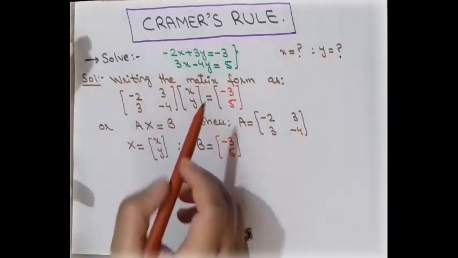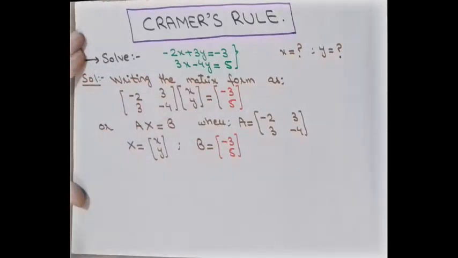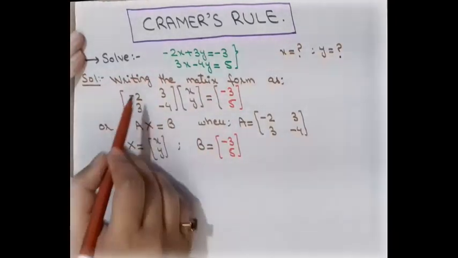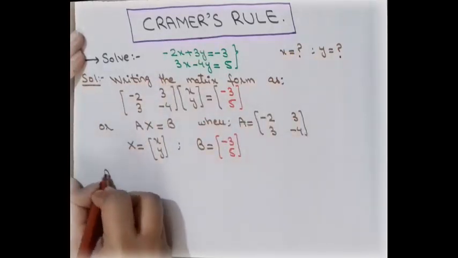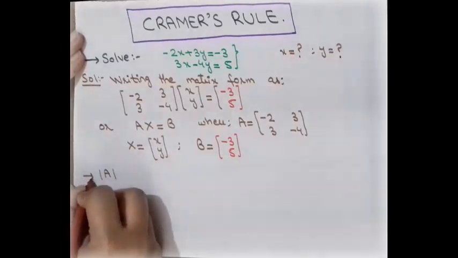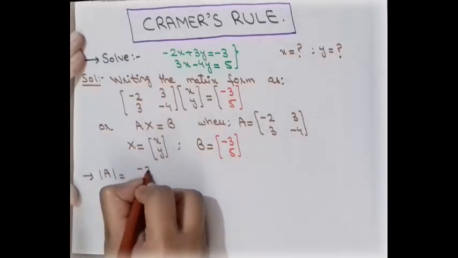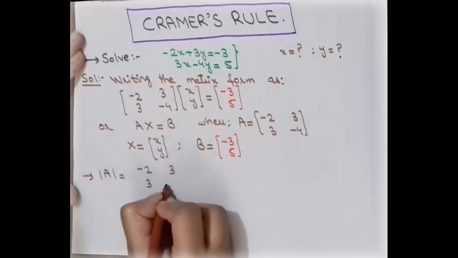The first step to solve these equations by Cramer's rule is to find the determinant of the coefficient matrix, which we call matrix A. So we calculate the determinant of -2, 3, 3, -4.